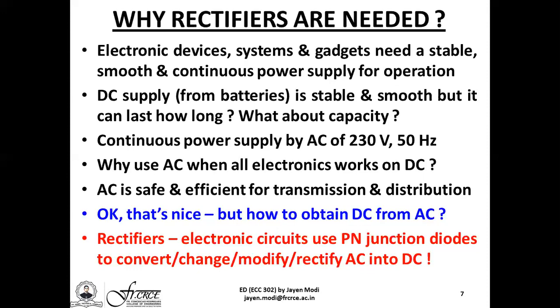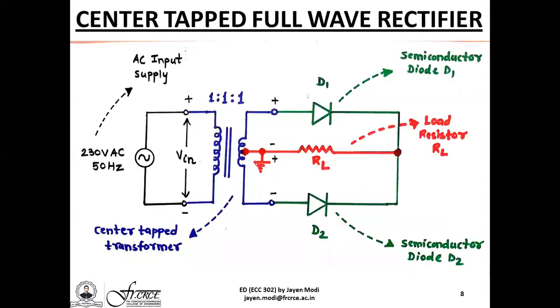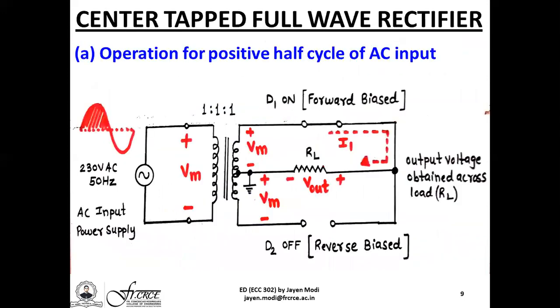In the previous video lecture session, we had seen the center tap full wave rectifier circuit with a circuit diagram as shown. Now, if you see the positive half cycle of the operation, diode D1 was on, but diode D2 was off.